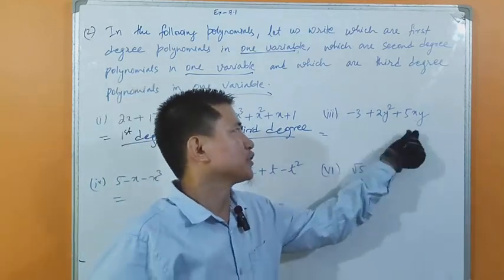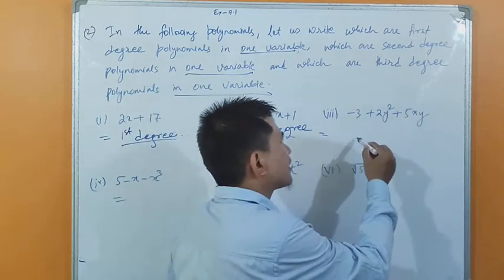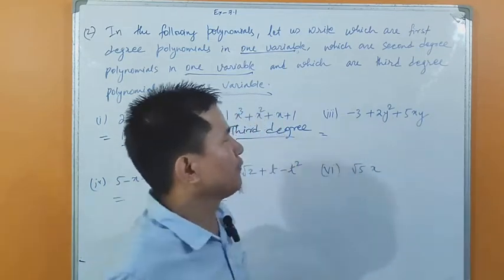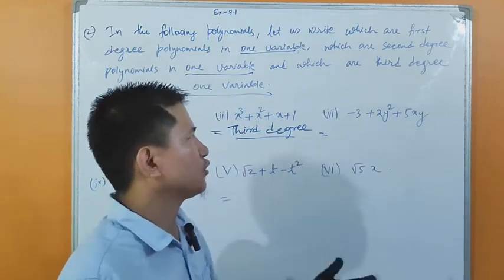But in this expression we have two variables, x and y, so we need not write the degree of this polynomial. This is not asked in the question.